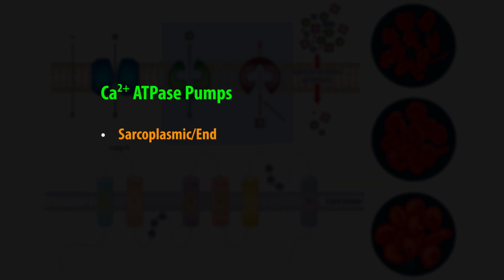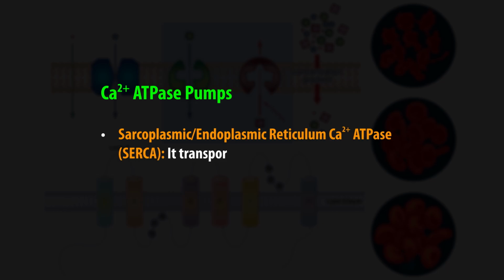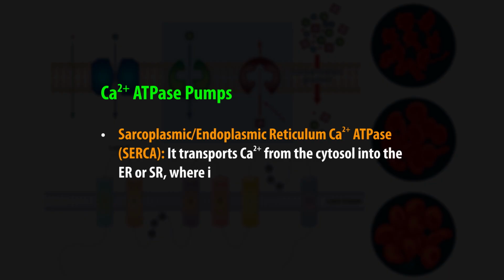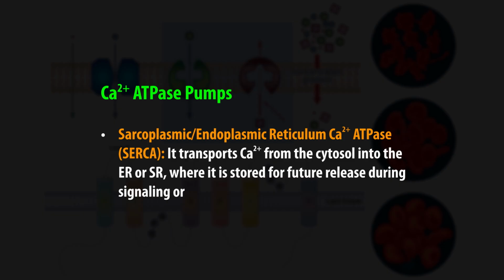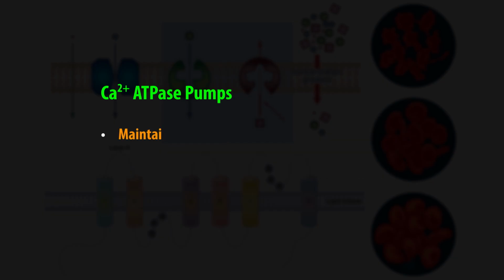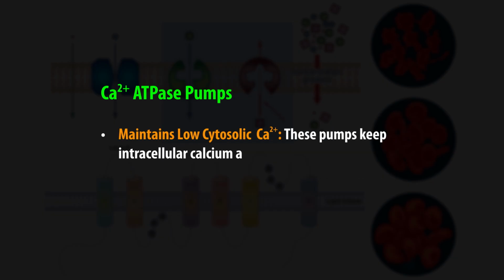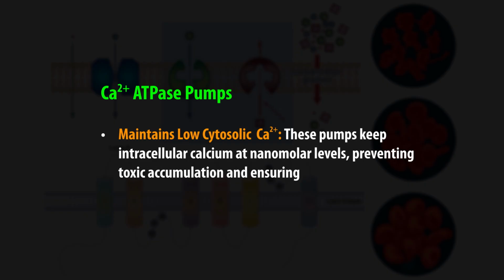The sarcoplasmic endoplasmic reticulum calcium ATPase, or SERCA, transports calcium from the cytosol into the endoplasmic reticulum, or SR, where it is stored for future release during signaling or contraction. It maintains low cytosolic calcium. These pumps keep intracellular calcium at nanomolar levels, preventing toxic accumulation and ensuring cells remain responsive to new stimuli.